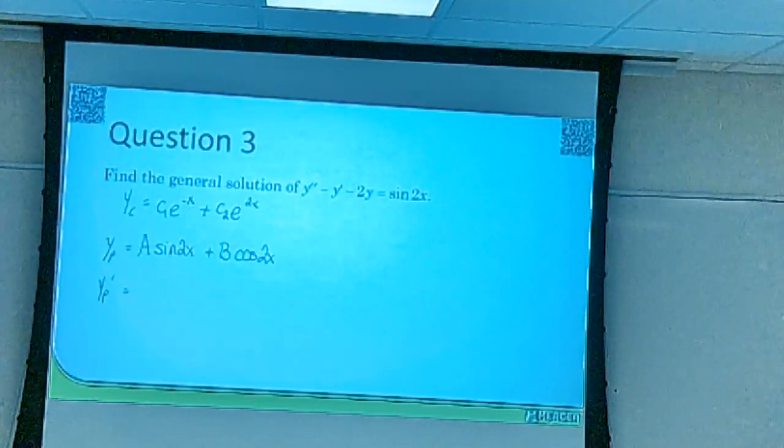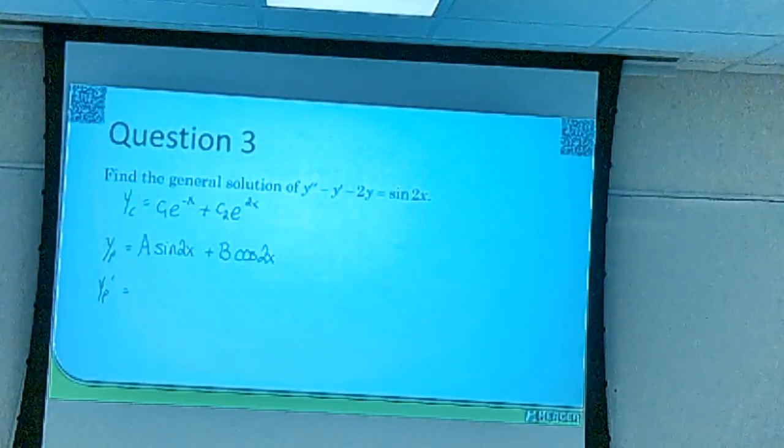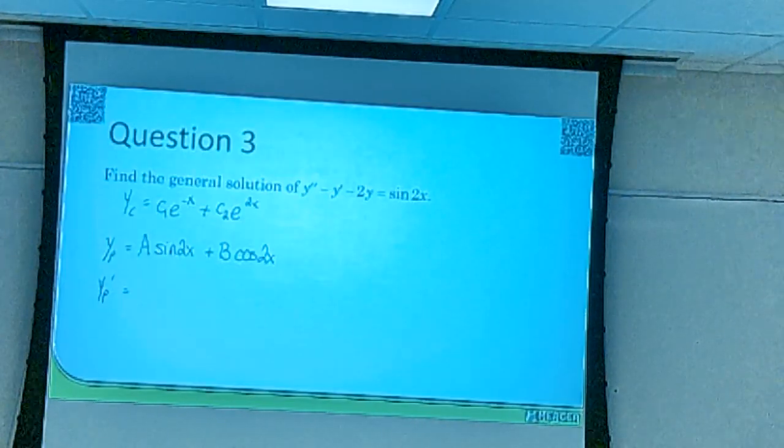What's the derivative? It's 2a cosine of 2x.